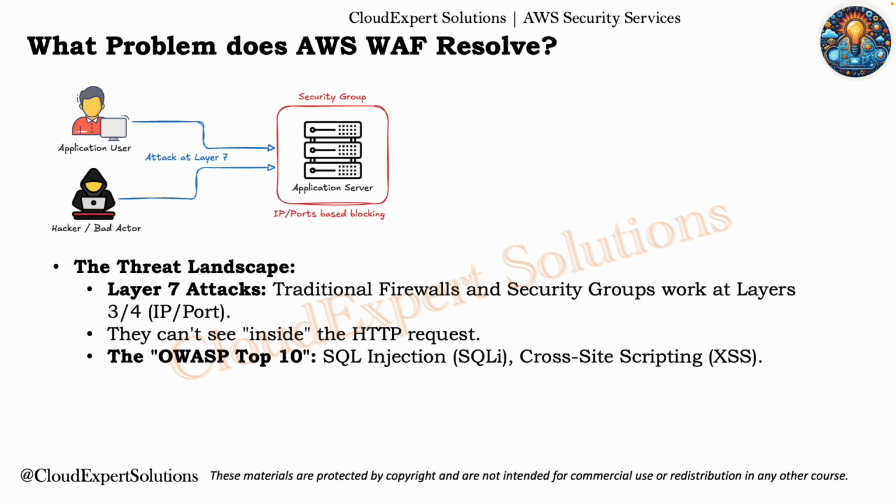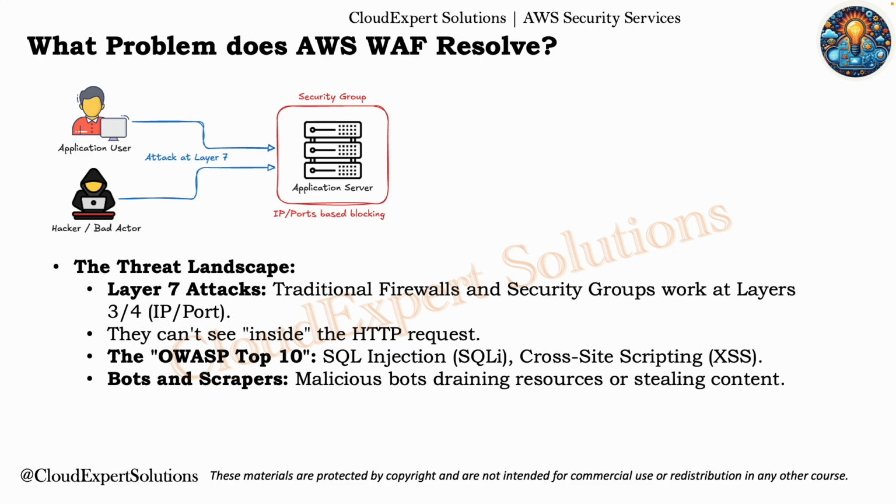Attackers exploit this gap using OWASP top 10 attacks such as SQL injection and cross-site scripting, where malicious code is hidden inside URLs, headers, or form inputs. Another common problem is malicious bots and scrapers. These bots repeatedly hit your application, scrape data, or consume resources that will cause performance issue and higher cost for you.